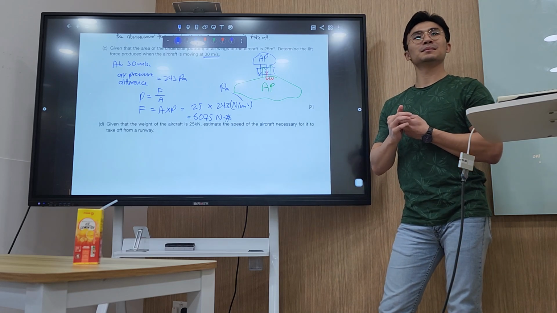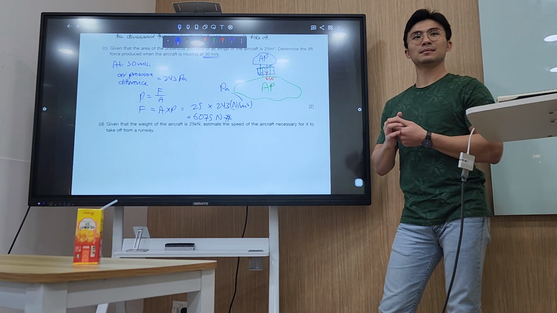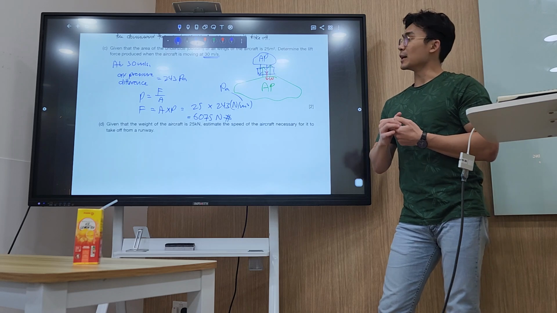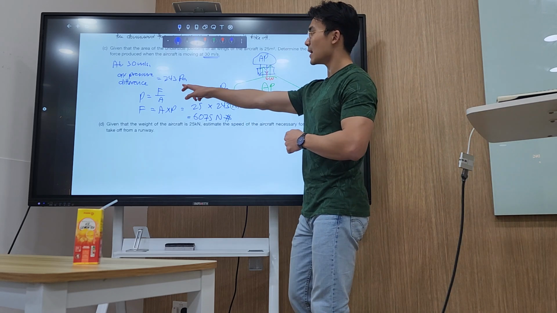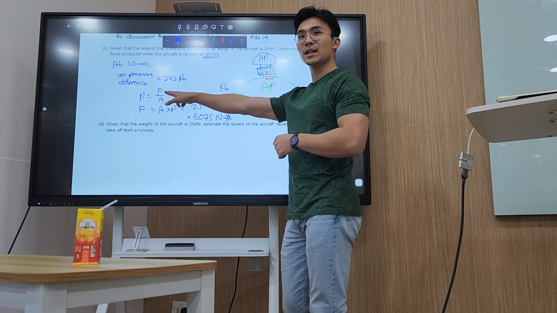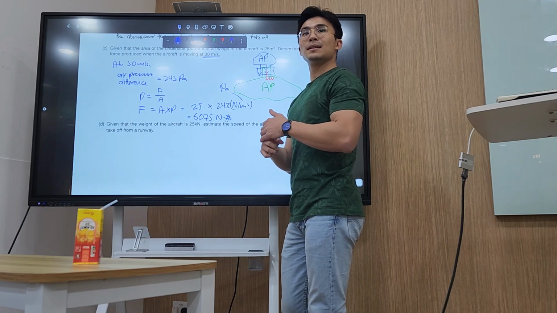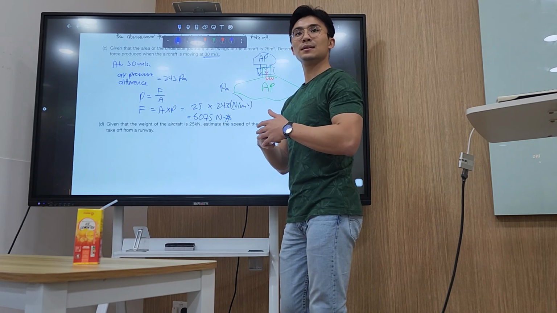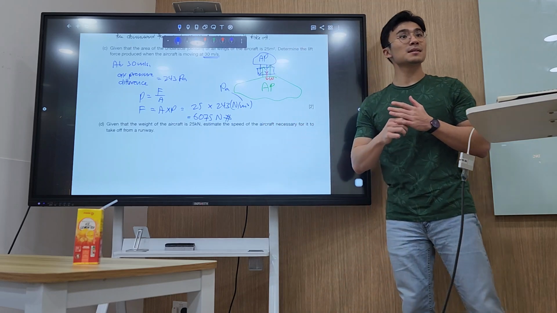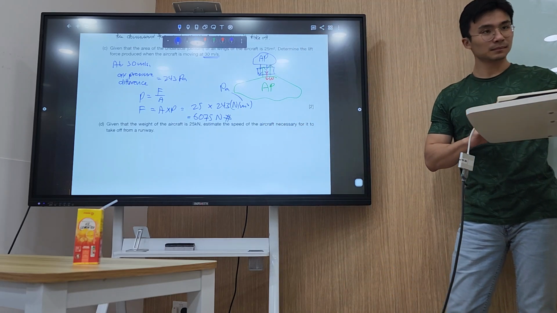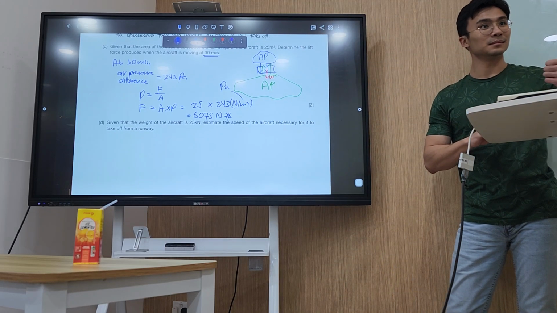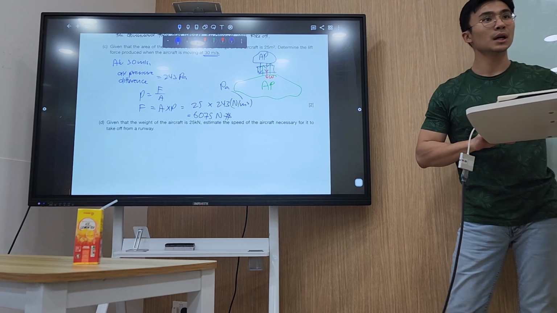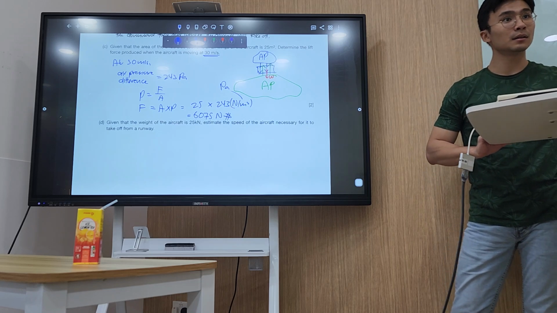After you find the pressure difference, how are you supposed to calculate the speed? In the same way that I found the air pressure difference and managed to get force.